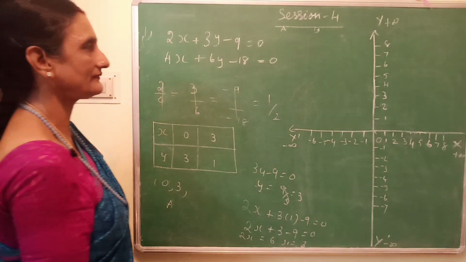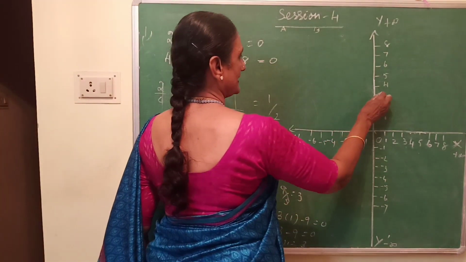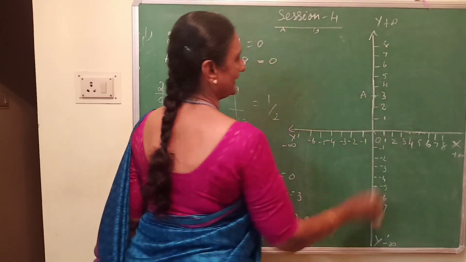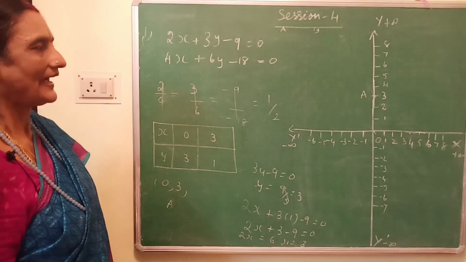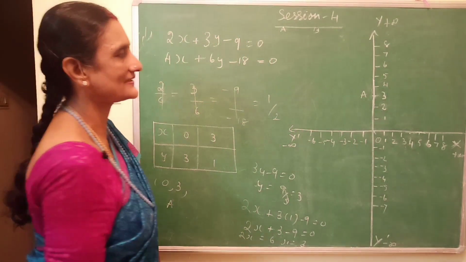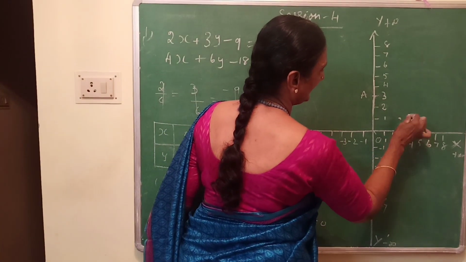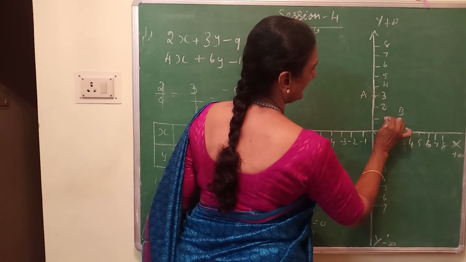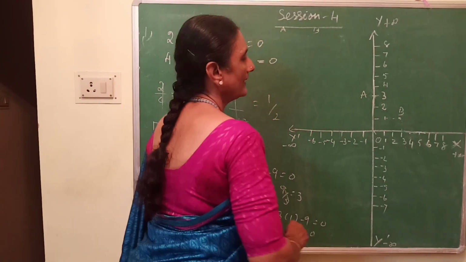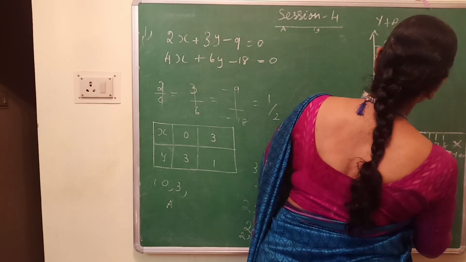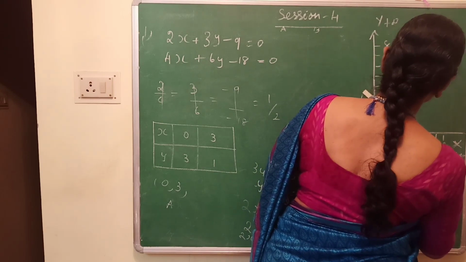Now (0, 3) is obviously a point on the y-axis. So we can mark it as A. And (3, 1): x value is 3 and y value is 1. It is a point somewhere here. You can plot it, here this side 1, this side 3. Okay. Now let us join these 2 points and see how the line comes.